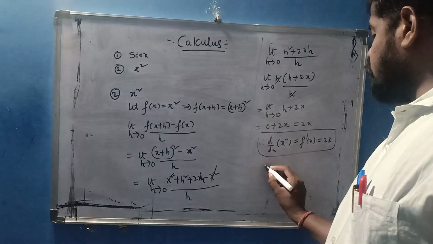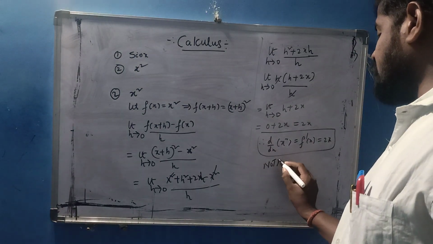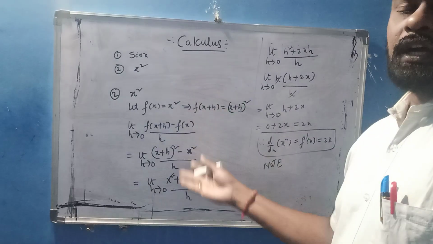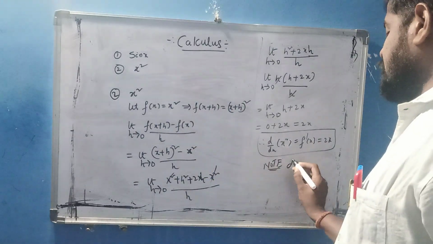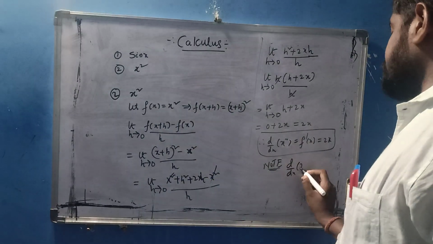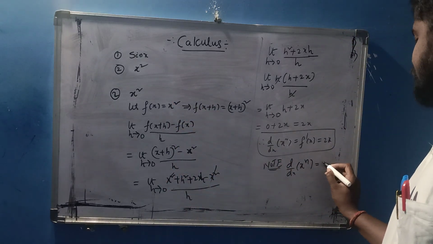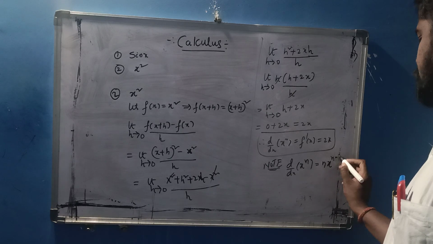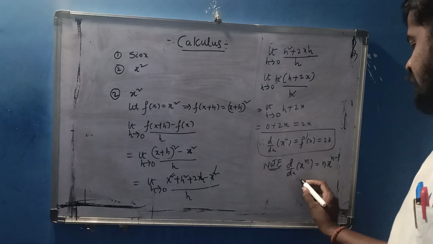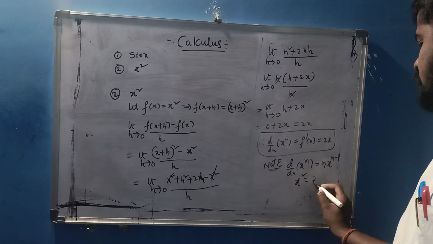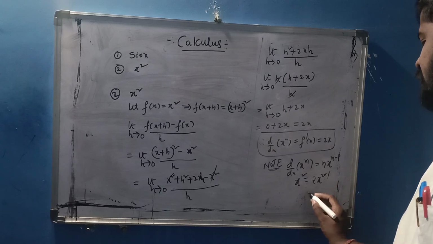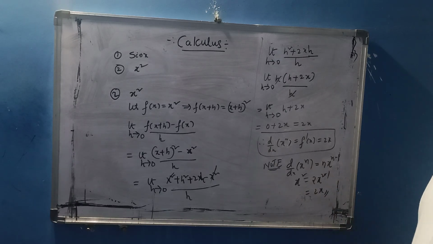There is one formula here that we also get from this concept only. Note: d by dx of x power n. By using the same concept we can solve it, and you get this answer: n into x power n minus 1. Here, replacing n with 2, x square gives 2 into x power 2 minus 1, and that answer is 2x.